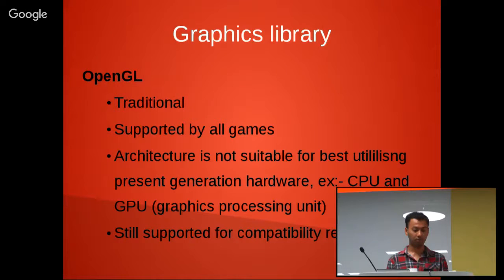It's the old traditional graphics library used by many games, on Windows and of course Linux, and is supported by most games. But it's becoming outdated because it could not use your multi-core CPUs efficiently. So it's becoming obsolete, slowly and gradually. In the coming times, you won't see many games using OpenGL.